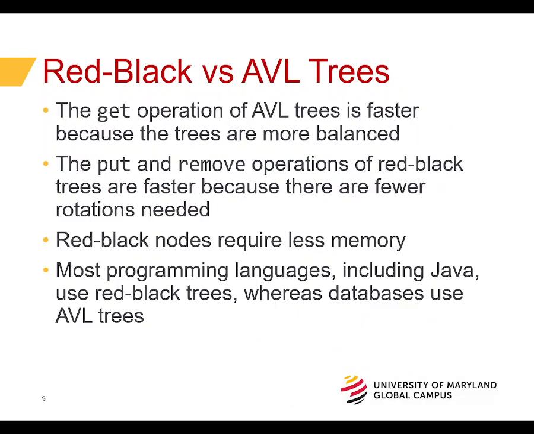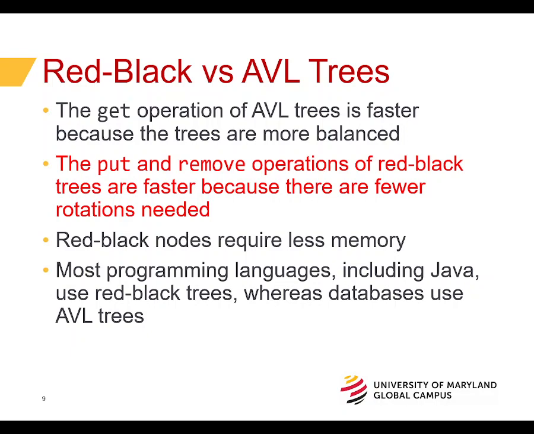Now let's compare red-black trees with AVL trees. The get operation of AVL trees is faster because the trees are more balanced, meaning the longest branches are shorter. By contrast, the put and remove operations of red-black trees are faster because there are fewer rotations needed.